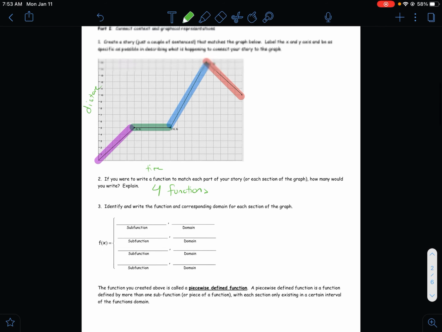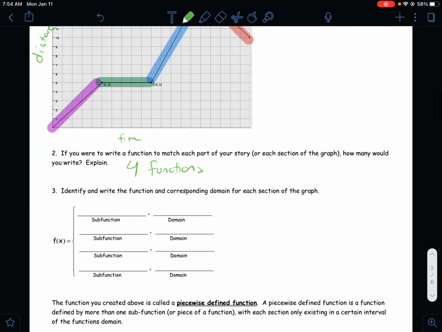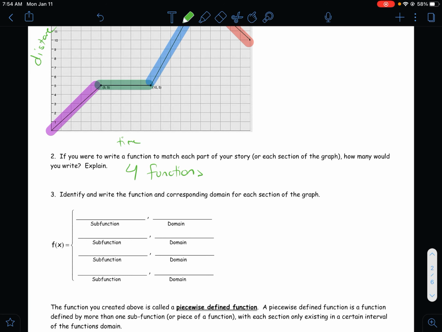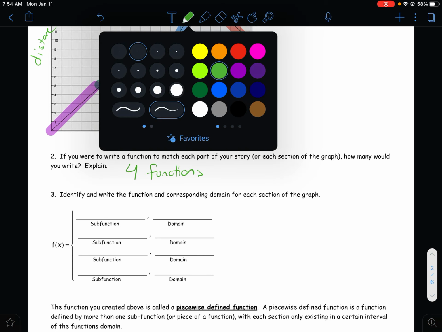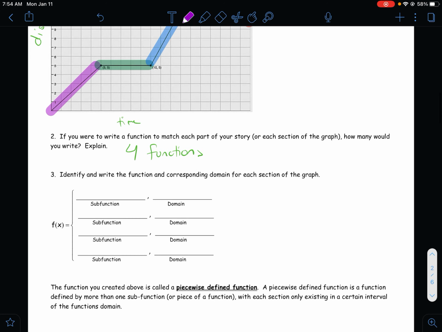All right. And it says identify and write the function and corresponding domain. So what they're talking about is, let's go ahead, we'll do this first one in purple here. They want us to write the equation of this first function. So what you need to do for that is you need to first come up with the x values that this holds true for.